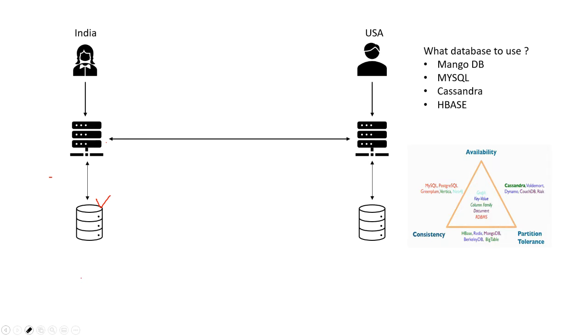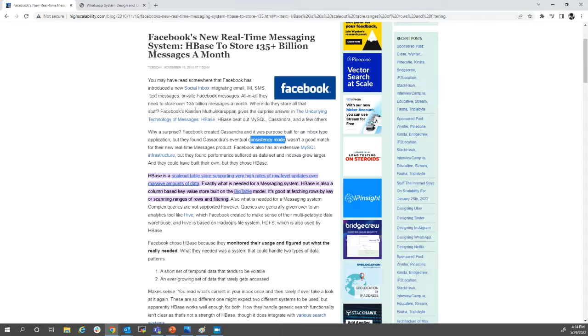In one of the websites, they have clearly said that the new Facebook real-time messaging system uses HBase to store 135 billion messages a month. Why the surprise? Facebook created Cassandra. It was built for an inbox type of application, but they found that Cassandra's eventually consistent model was not a good match for the new real-time message product.